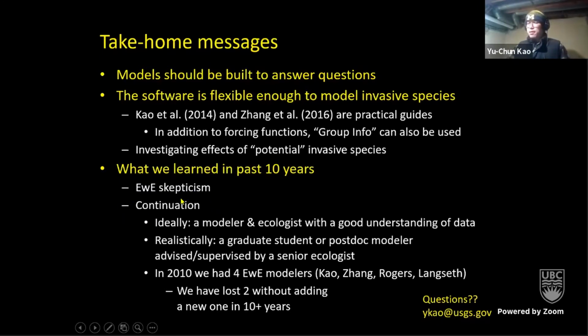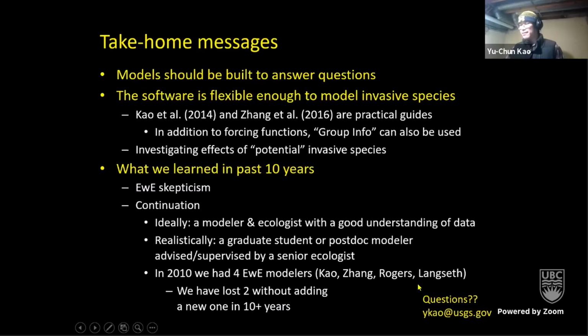And I think one thing I really want to say today is about continuation. One thing we failed to do is really to build our next generation of modelers. In 2010, we had 4 Ecopath with Ecosim modelers. At that time, we were all students or postdocs, but we have already lost 2.